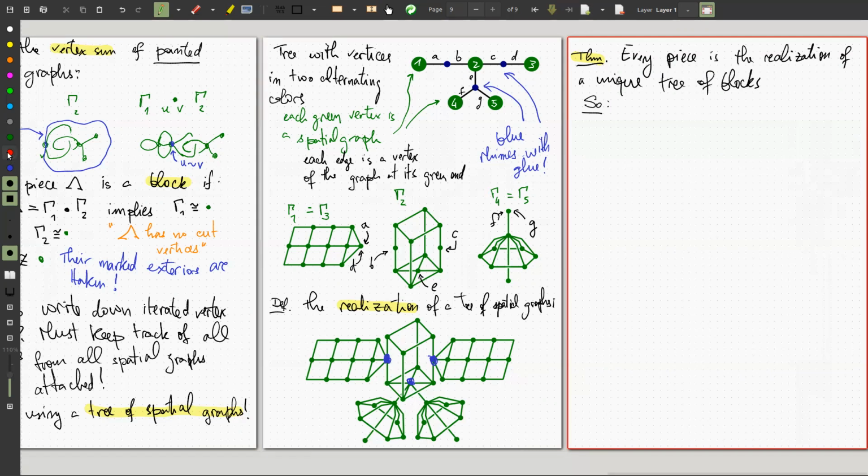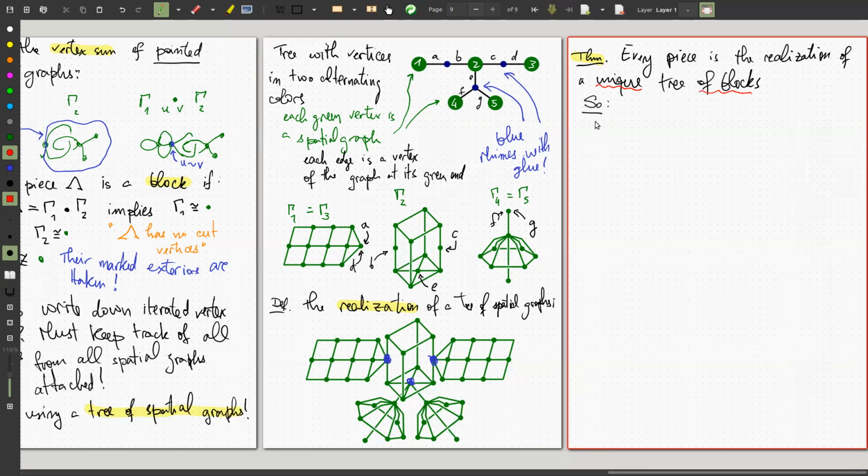And by a tree of blocks, I mean a tree where all the graphs at the green vertices are blocks. So this is one of the important things. And again, uniqueness is the key point, because that's what we want.